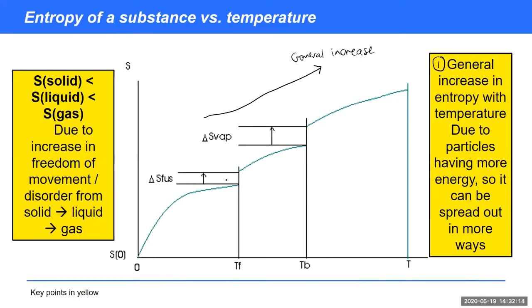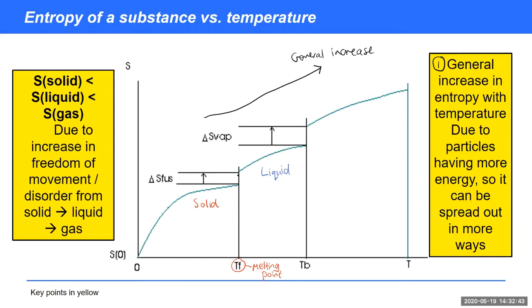At the same time, we see here that when we get to these particular temperatures, this temperature here is the melting point. And when we get to the melting point, the entropy jumps up. And this is the entropy change between a solid here and a liquid up here.